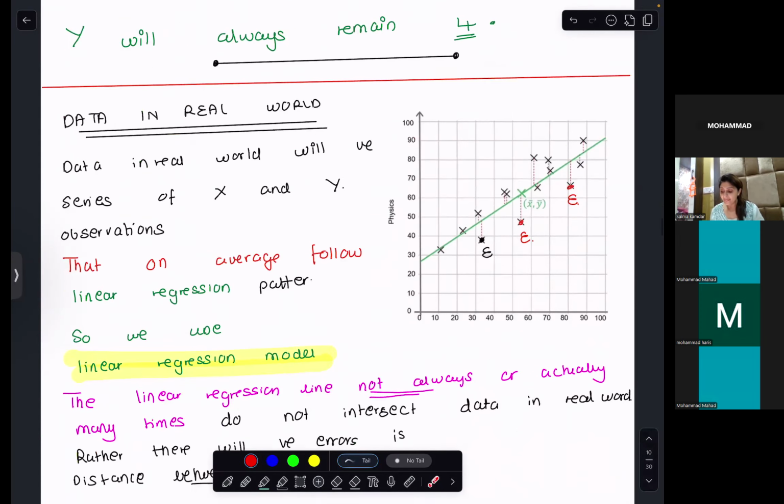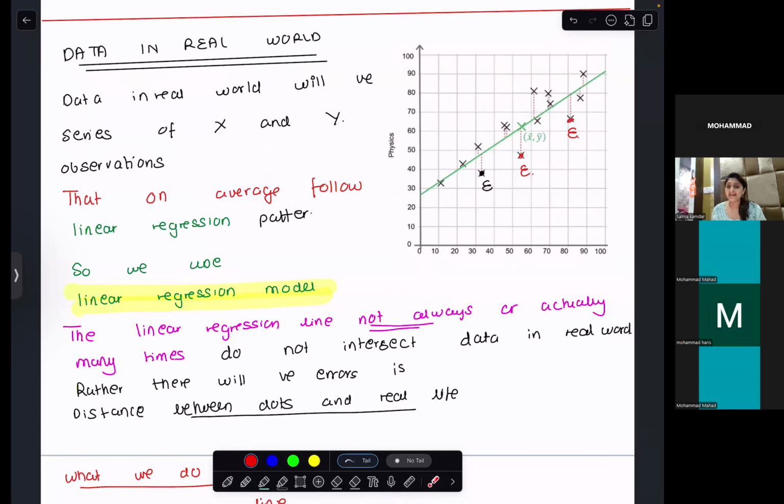Okay. Now, let's talk about our data in the real world. This is our data in the real world. Data in the real world is a series of x and y observations, and it follows a linear pattern, a linear regression pattern.